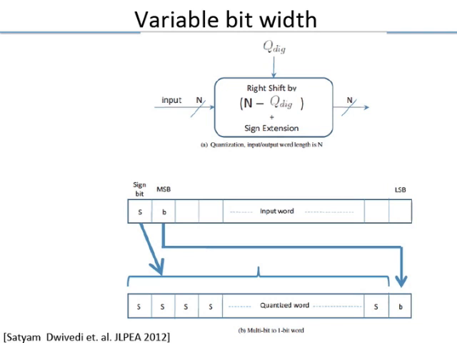A true analog value is approximated with a digital value. The more bits you use, the better is the approximation. Now, what is the right number of bits to use? It really depends on the overall application context, because the difference between the digital value and the analog value is called the quantization error, and your overall application might be able to tolerate some amount of quantization error.